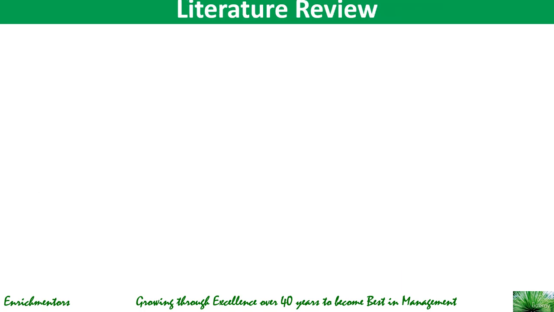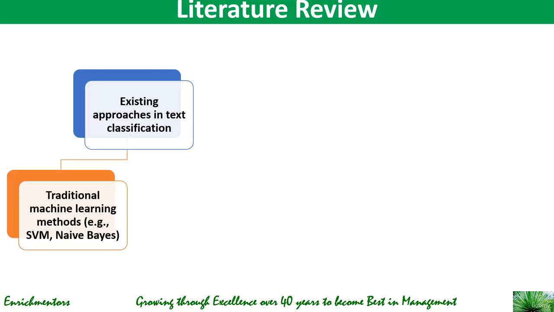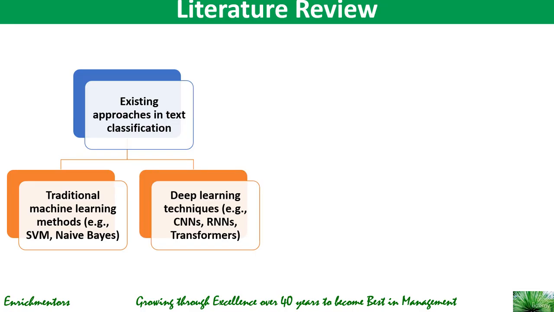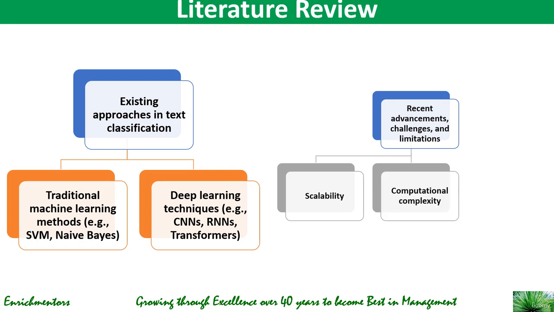Then they conducted a literature survey to understand the existing approaches in text classification that included things like traditional machine learning methods like SVM, naive Bayes, and deep learning techniques like CNN, RNN, and transformers, and also identified recent advancement, challenges and limitations in the current text classification model, with issues such as scalability, not being able to scale to a larger volume, the time and complexity of computation, and the lack of interpretability.